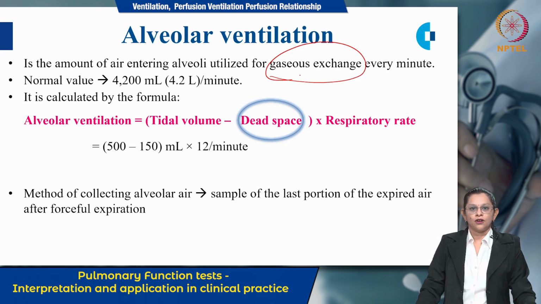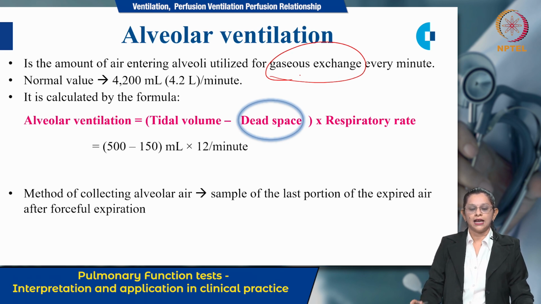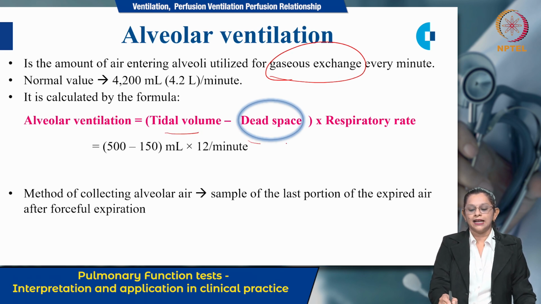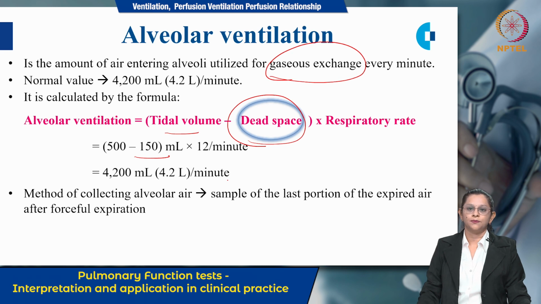The normal value is around 4200 ml per minute, and it is calculated with the formula: tidal volume minus dead space volume, times respiratory rate. We will see the details of dead space in the coming slides. The dead space is 150 ml, and we will see how to measure it in the future slides. Tidal volume is around 500 ml. You subtract both and multiply by 12, and you get the alveolar ventilation, which is 4.2 liters per minute.